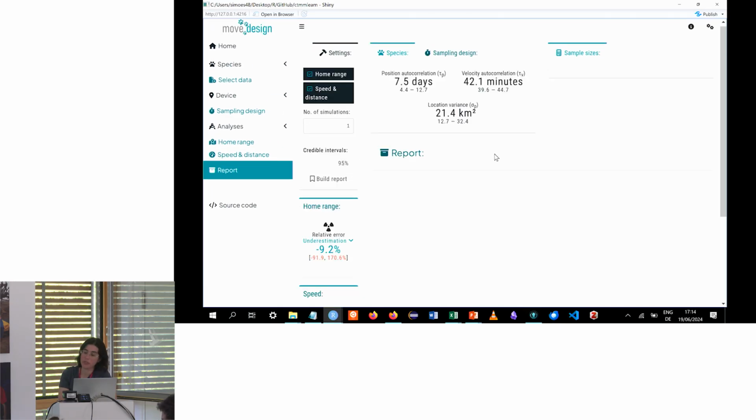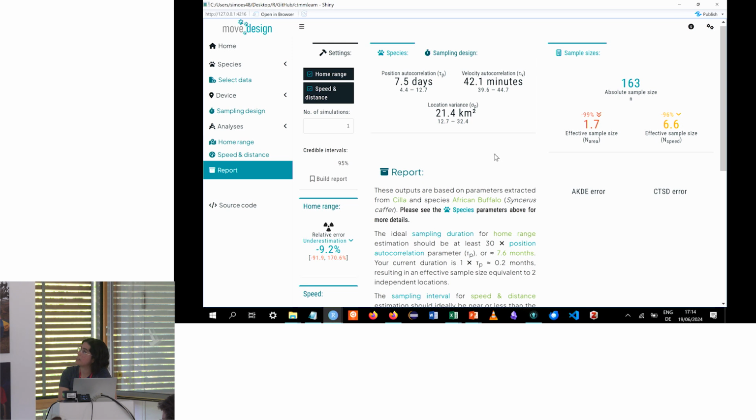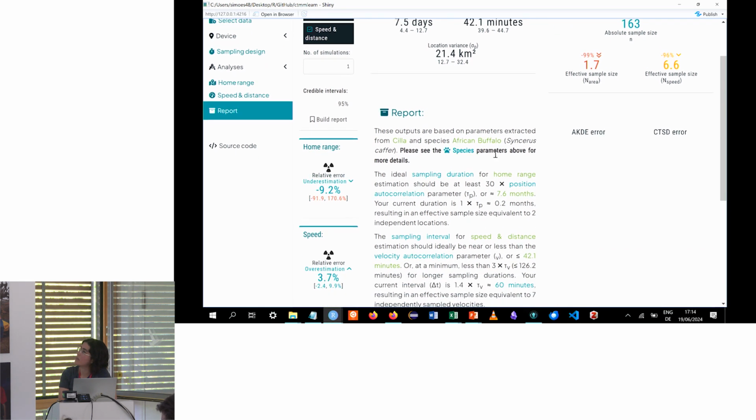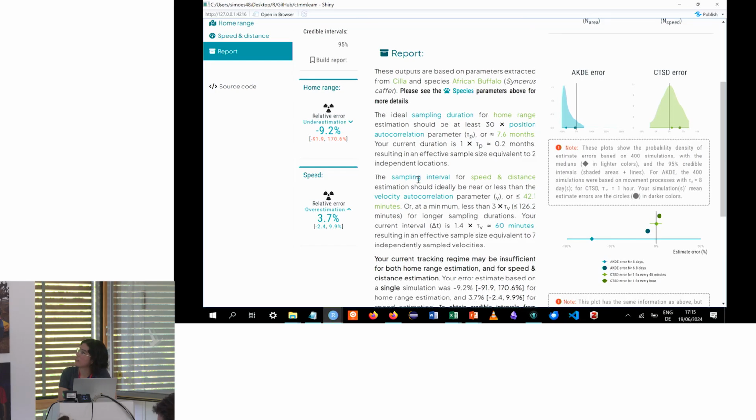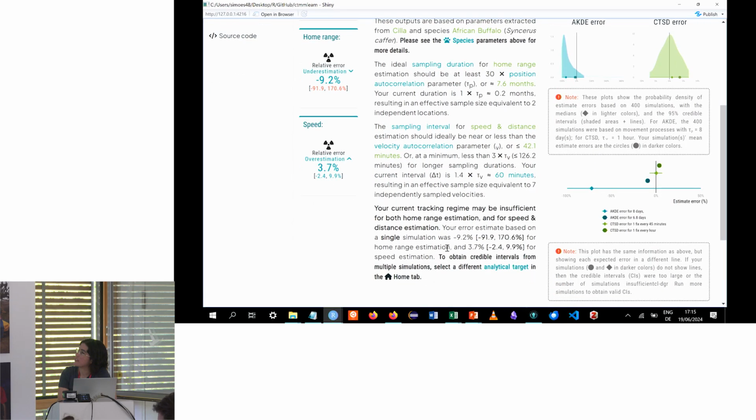And the idea here is that if you go to report, you can basically build all the information that we get from this. It will tell you the ideal sampling duration should at least be around here, and this is what you get for the sampling interval for speed and distance estimation.